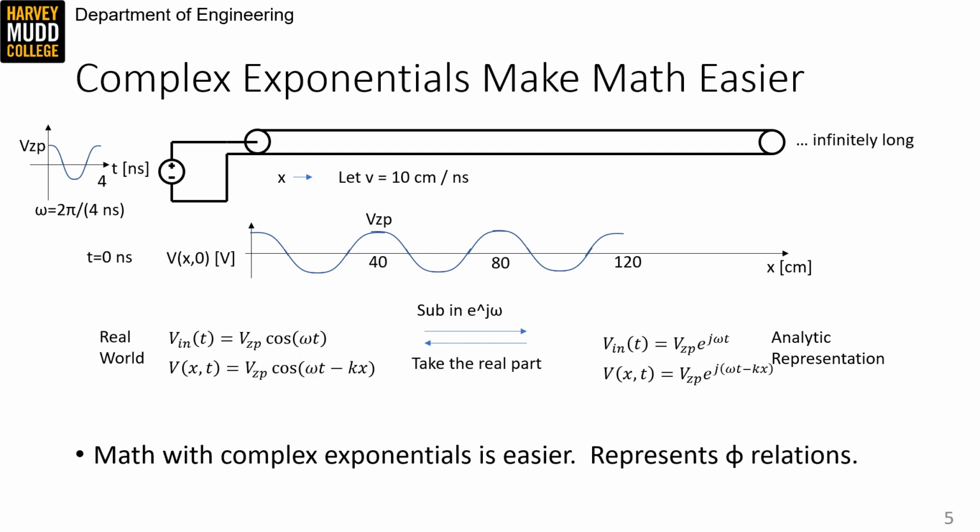You can see that we go from our real-world representation over here to our analytic representation over here by replacing cosine of x with e to the jx. We get back to the real world by taking the real part of our analytic representation. However, we often don't really need to go back to the real representation of voltages, because the analytic representation is sufficient for us to keep track of the phase of sinusoids on the line, and that's mostly what we care about when we're doing transmission line math.